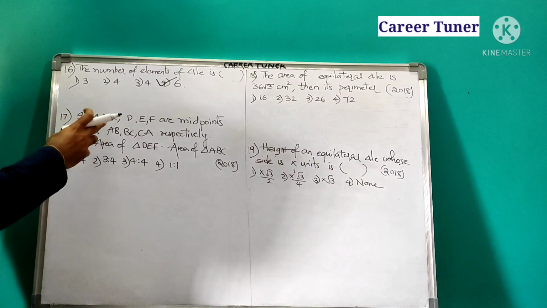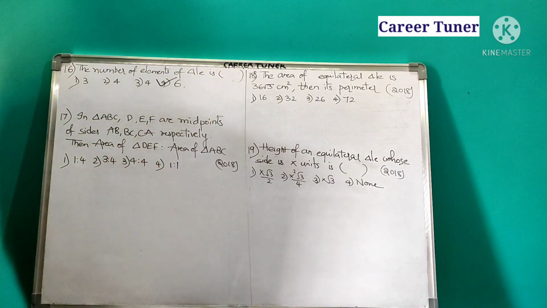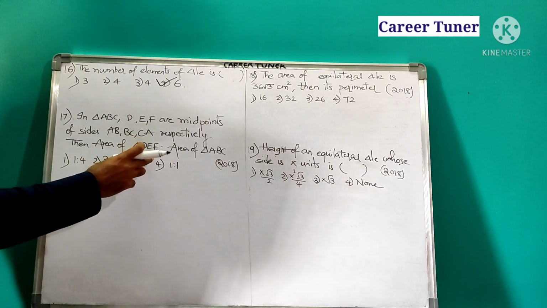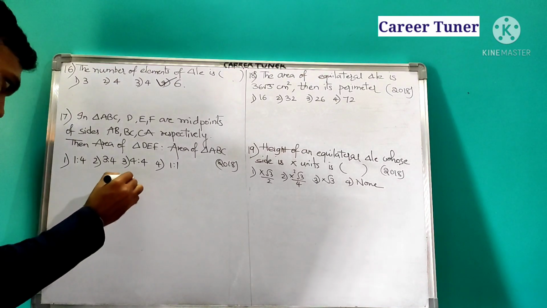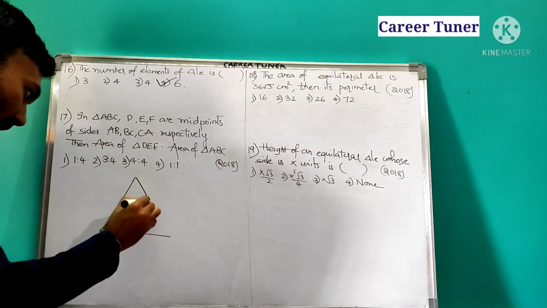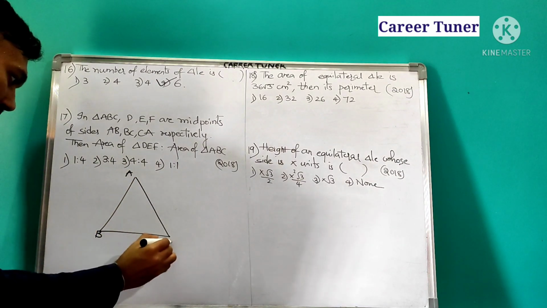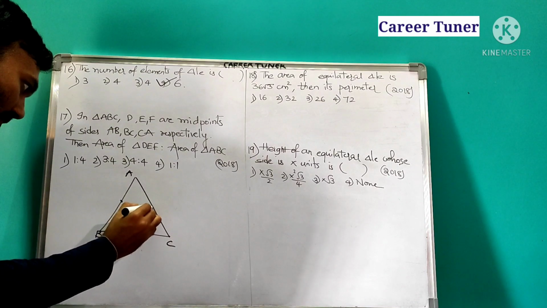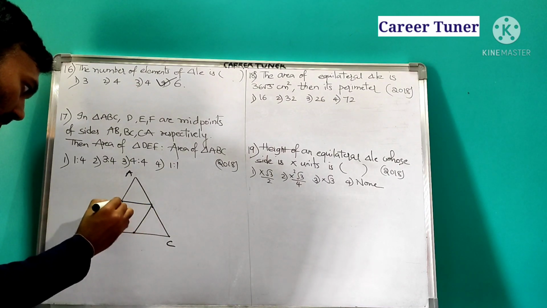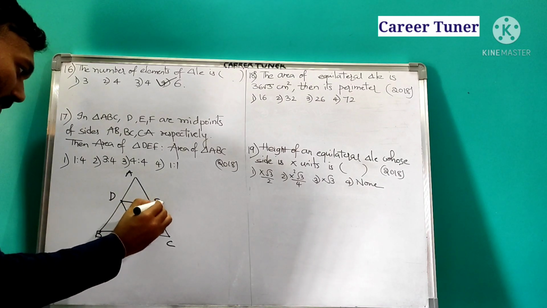17th question. In triangle ABC, D, E, F are the midpoints of sides AB, BC, CA respectively. Then the area of triangle DEF to the area of triangle ABC is how much? Now you see, this logic is only useful when D, E, F are midpoints. Take this as triangle ABC and D, E, F as the midpoints.